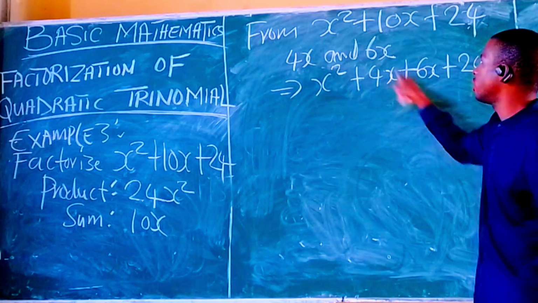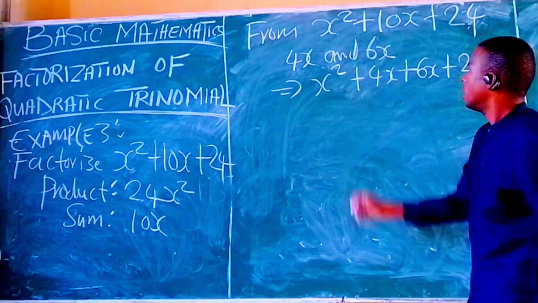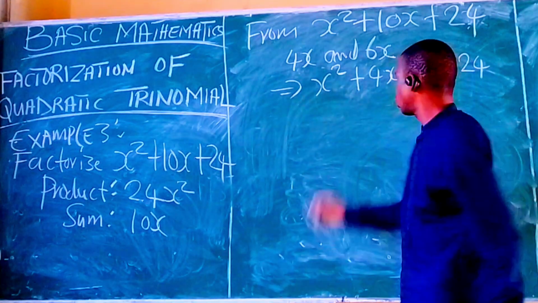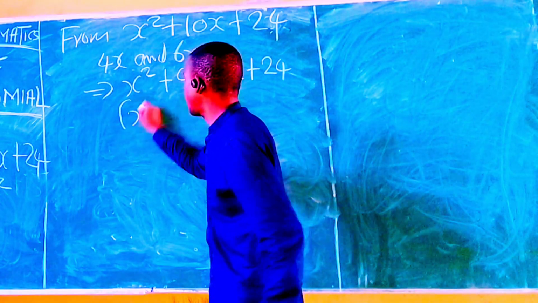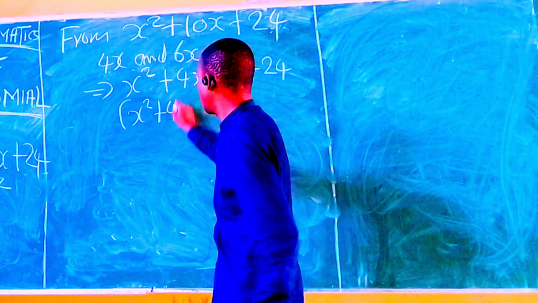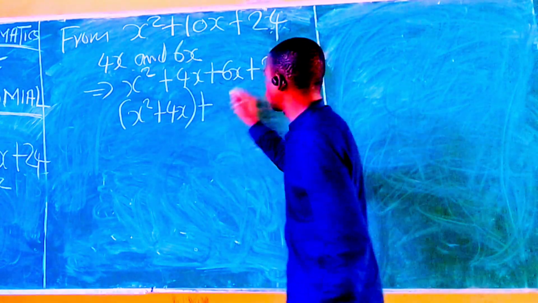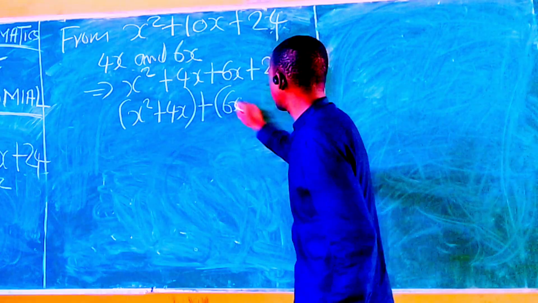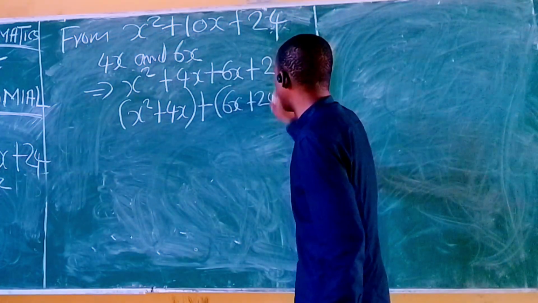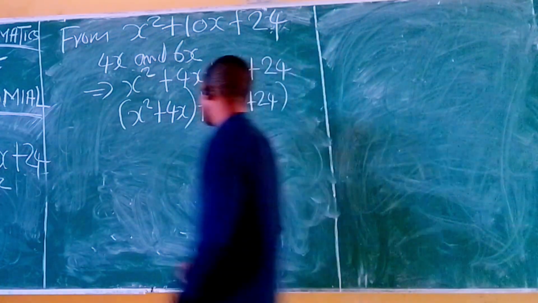These two numbers replace the middle term. Now let's put them into two places. We have the bracket x squared plus 4x, plus, in the other bracket, 6x plus 24. Now we are done.